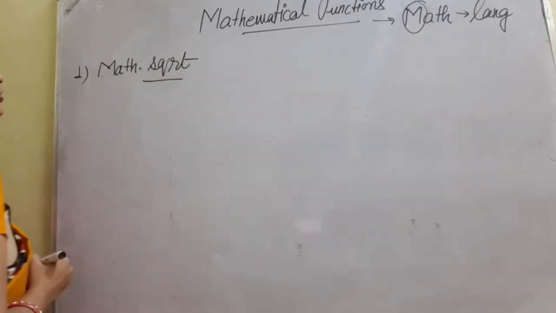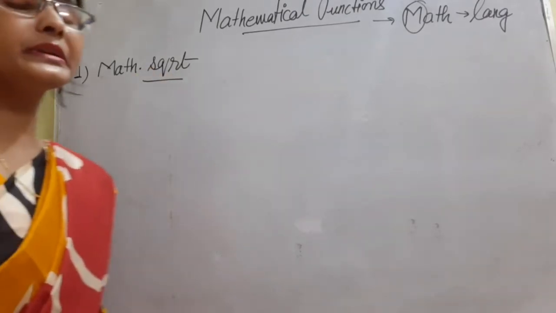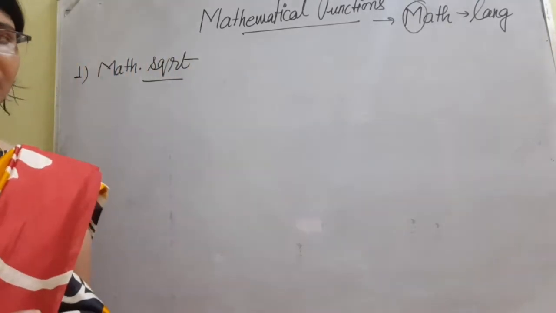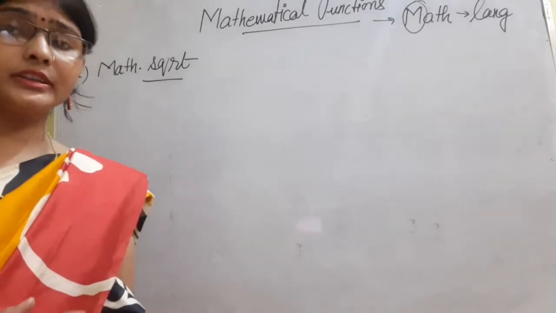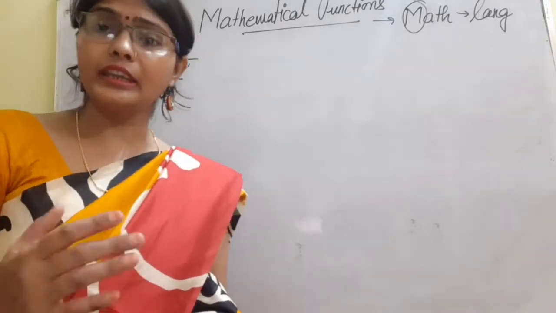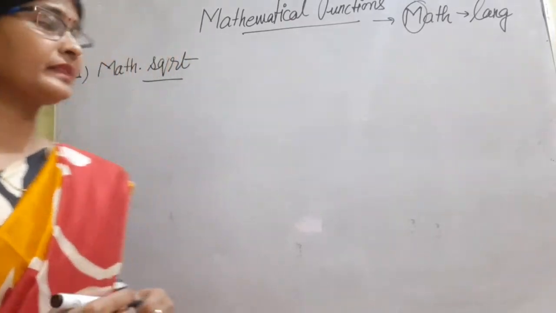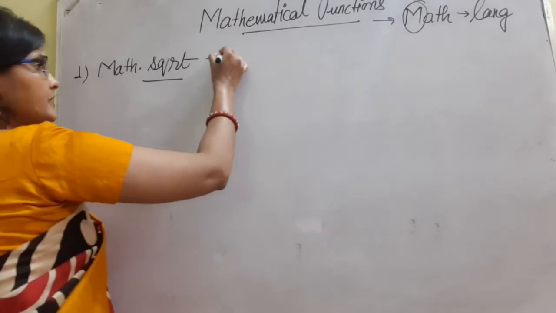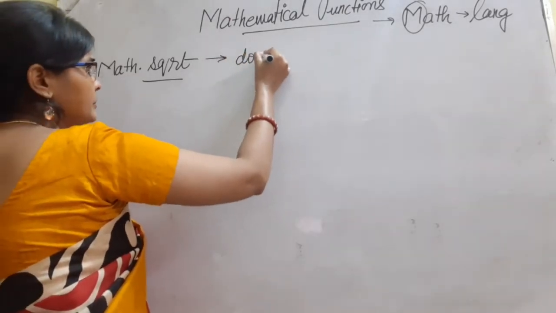Now the first function is Math.sqrt. What is the use of sqrt? Simply it is used to obtain the square root of any given number. Clear? The return type of this function is double only.